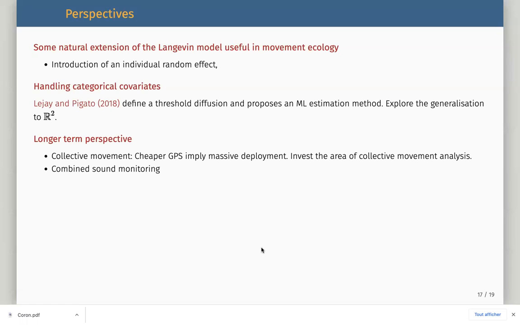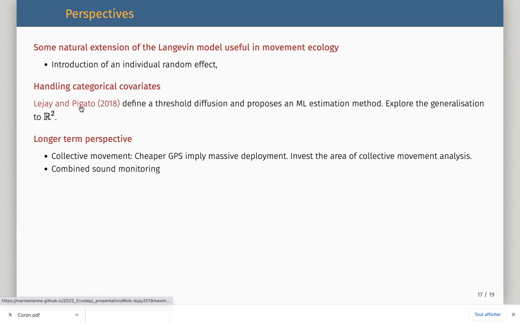For the moment, we use some tricks, changing this description of the environment by computing the distance to the closest forest or so on, to switch to a quantitative description, but it's not completely satisfying. And so we are looking at some extension using a different approach from Leger and Pigato, who are just saying that at some point you cross a barrier depending on your position, and then you switch the movement.